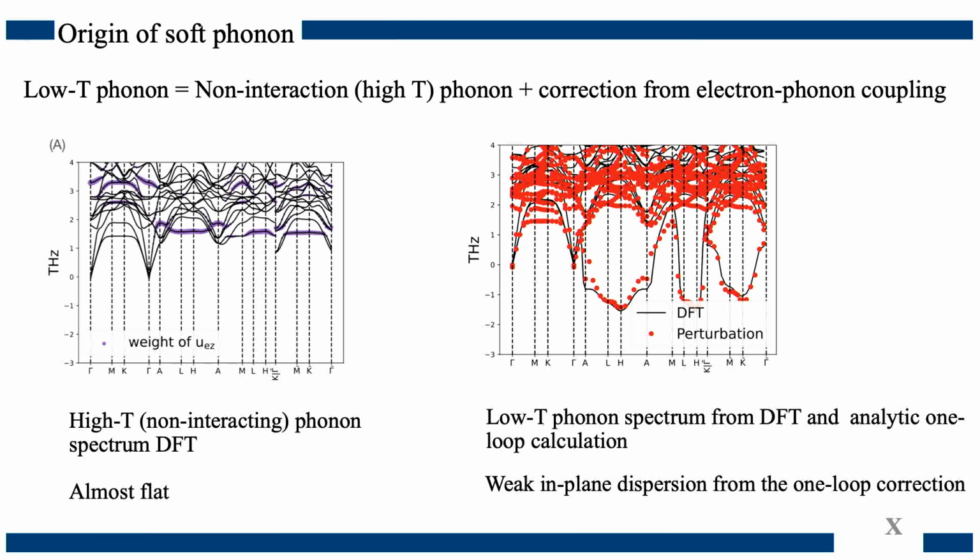With that simple perturbation, you now see that at low temperature, you get exactly the correct phonon coming down that's in Santi's experiments. And the reason for this is that the initial phonon was flat, okay? So the only dispersion that comes in is because of the electron susceptibility. Now this electron susceptibility has dispersion. By the way, this is our perturbation, just one bubble, and this is the DFT, right? So you can see the agreement is quite good. So this dispersion is just the bubble.